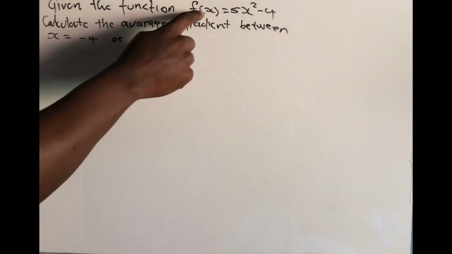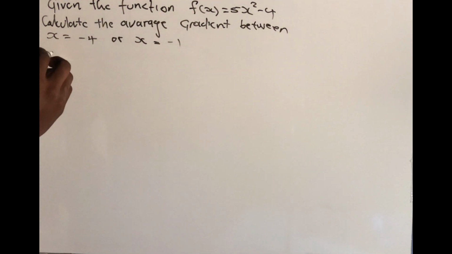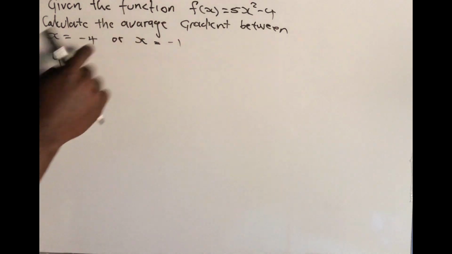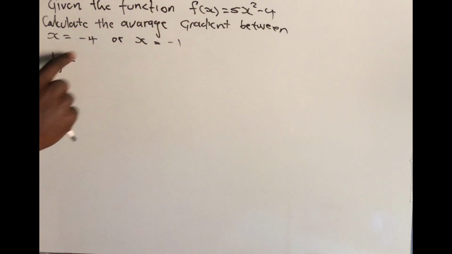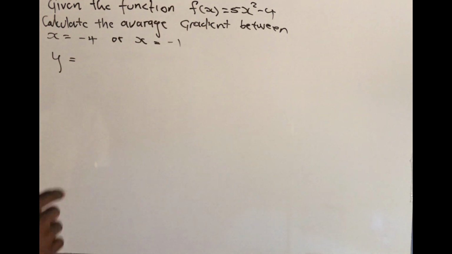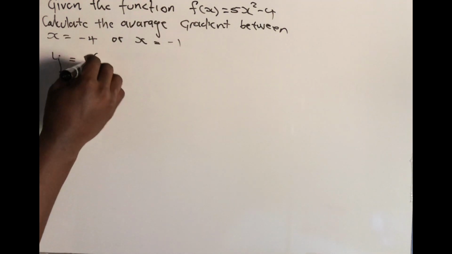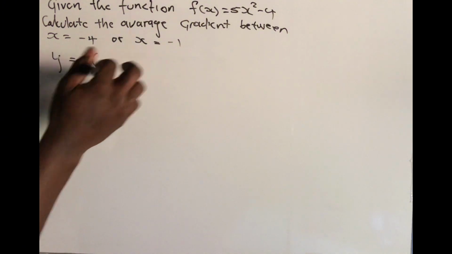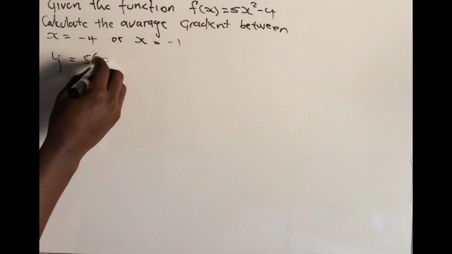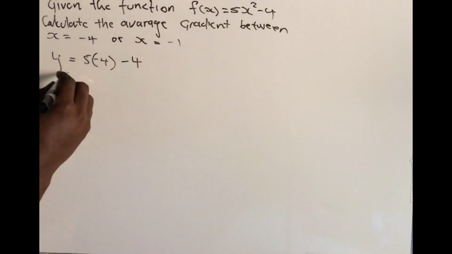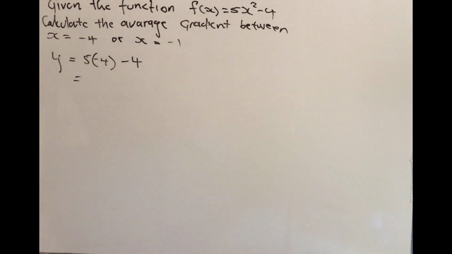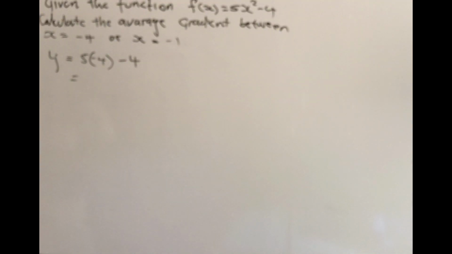So we have f of x here. We can just write down everything and remove the f of x. Instead of f of x, we put y, because they are the same. So now 5 into, we put -4 where there's x. -4 squared minus 4. What do we get as our y value?